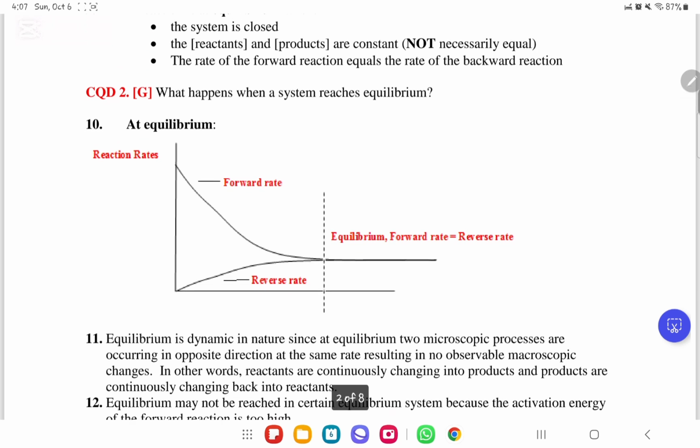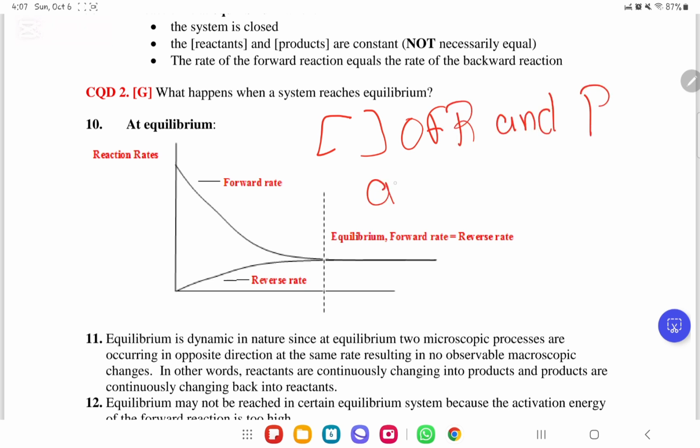Now CQD number 2. What happens when a system reaches equilibrium? When a system reaches equilibrium, then the concentration of reactants and products are constant. All right, and when we're talking about equilibrium, it has to be in a closed system.